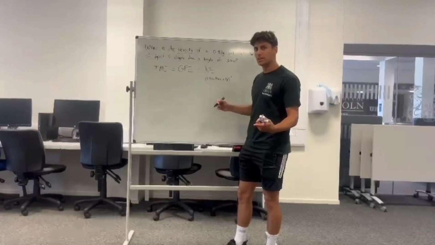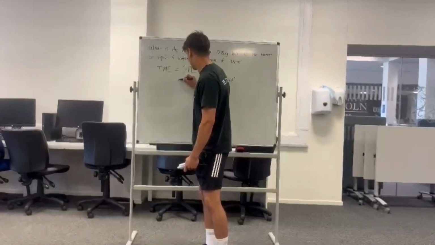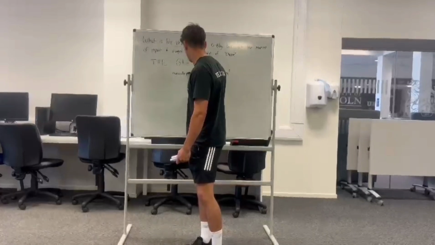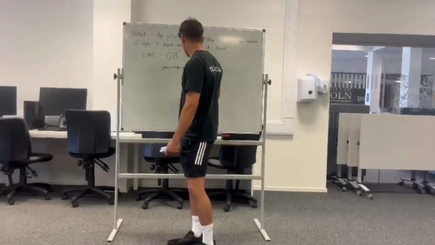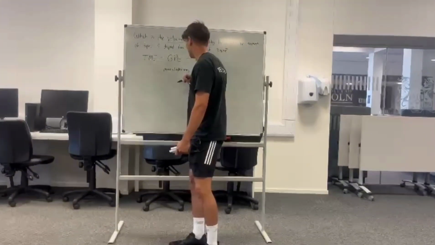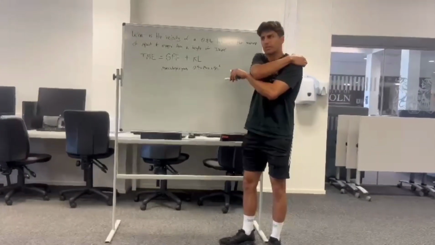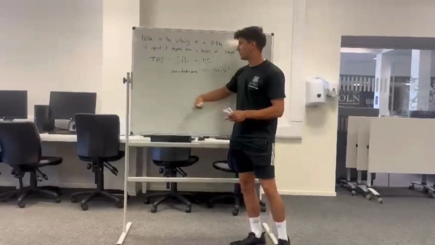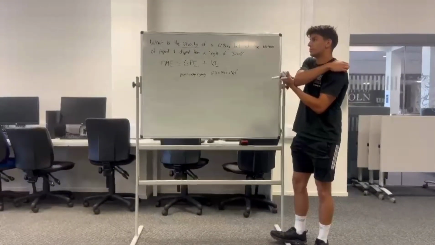Hopefully you remember that. Good. GPE is mass times height times acceleration due to gravity, which is always 9.81 meters per second squared on Earth, at least. So using these two equations, we can work out the total mechanical energy of a system.